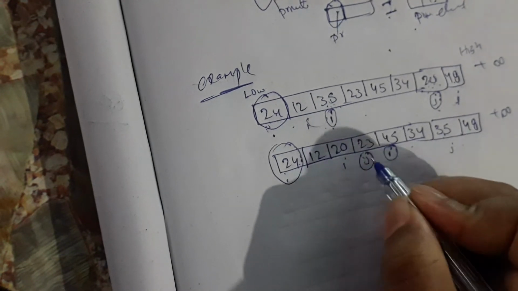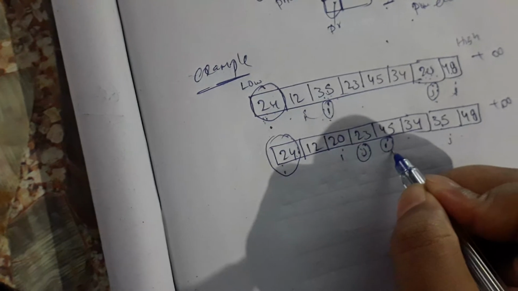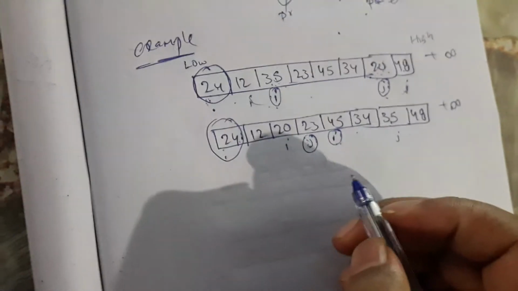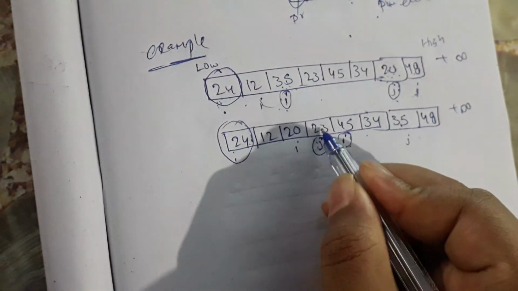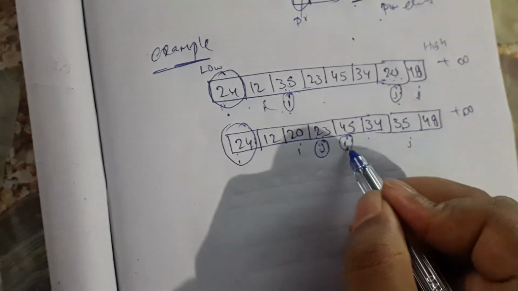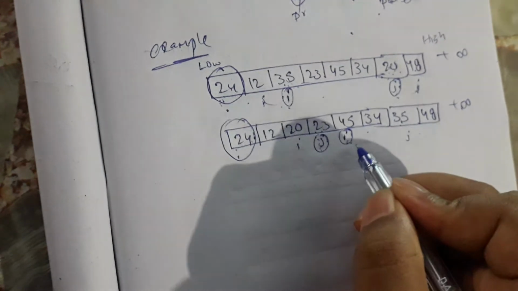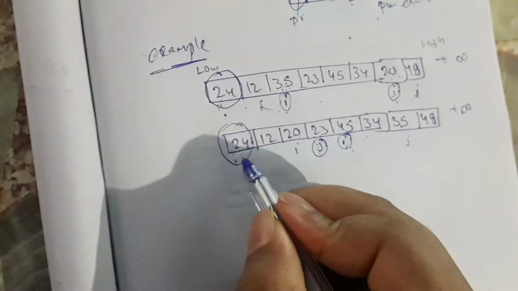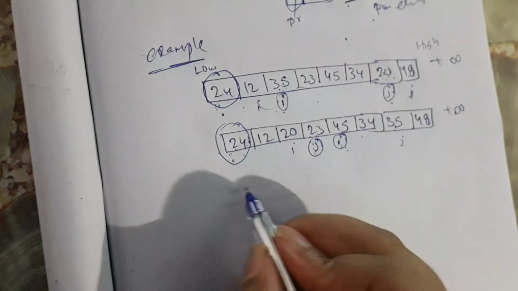This is j, this is I. The j value crosses I. This is j value 23. We have to swap. Whenever j crosses I, we have to swap. First one, 24 will come here, 23 will come here.